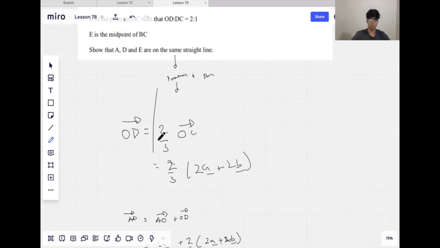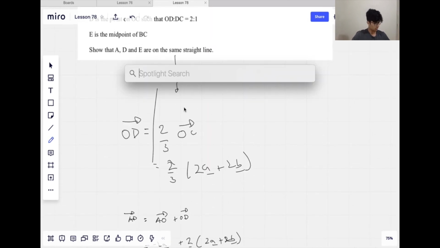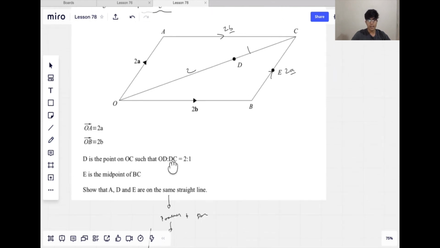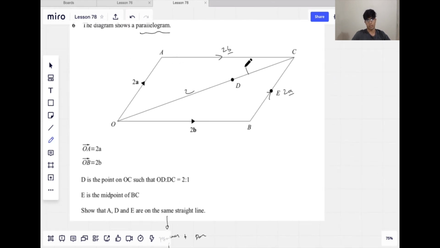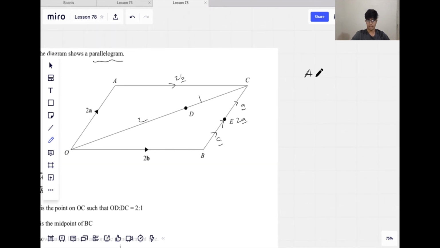So AE. A to E is the same as going A to C and then C to E. And we know E is the midpoint of B to C, which is just a. So if you want AE, we go A to C plus C to E. A to C is 2b, C to E is minus a.